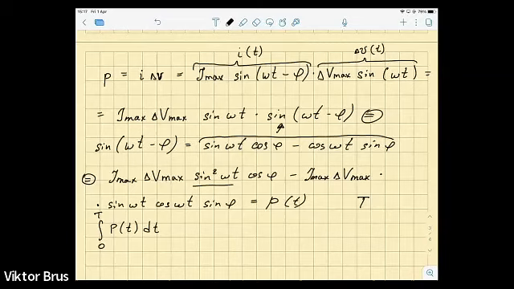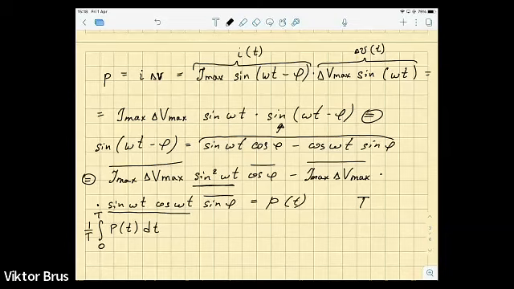So we don't repeat it here, and keep in mind that these terms, which are marked now, are constant, so they don't change with time: I maximum, delta V maximum, and phi, the phase shift, is a constant parameter. So we need to consider only sine squared omega t and sine omega t times cosine omega t. Actually, for the average we need to divide by the time interval, like 1/T.